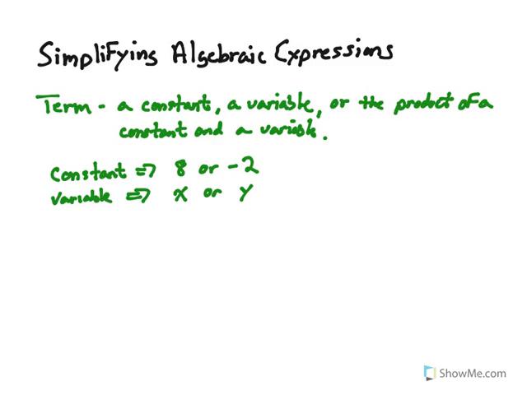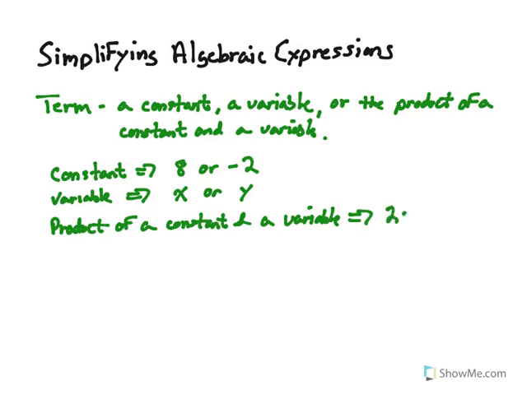And then you can also have the product of a constant and a variable, which would be like 2x or 5y squared or x squared y cubed.